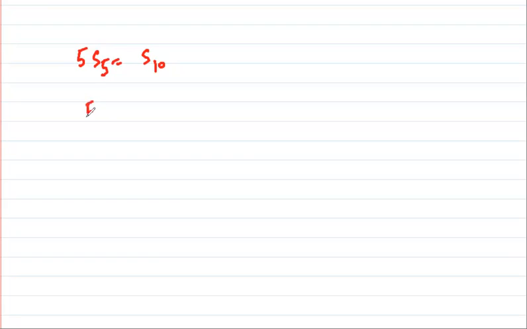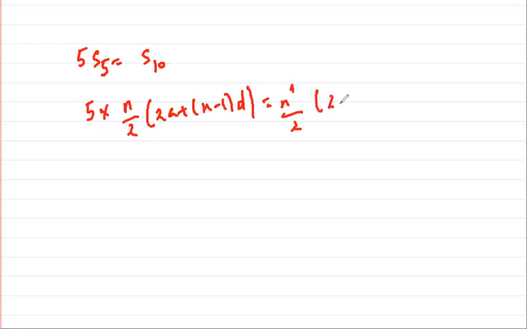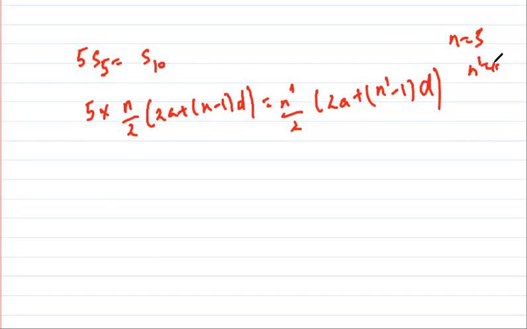Which can be said that 5 into S5 is what? n by 2 into 2a plus (n minus 1) into d is equal to n dash by 2 into 2a plus (n dash minus 1) into d. Where n is equal to 5 and n dash is equal to 10.